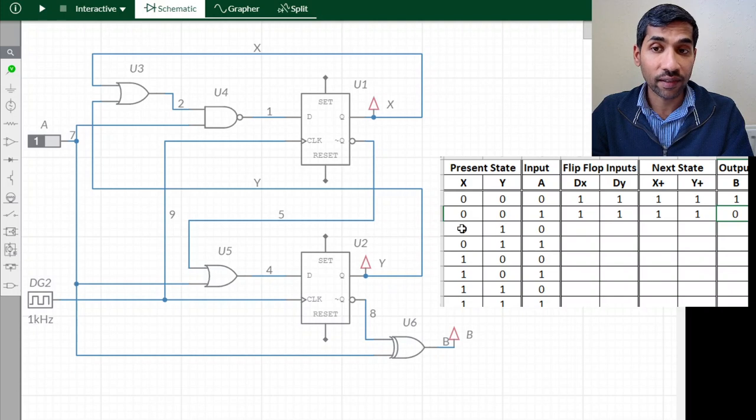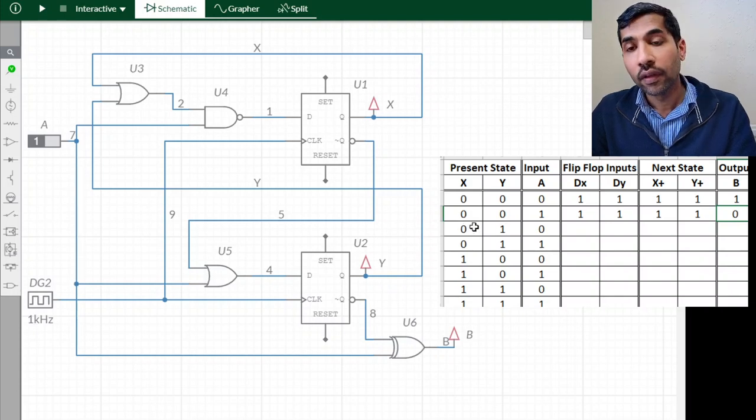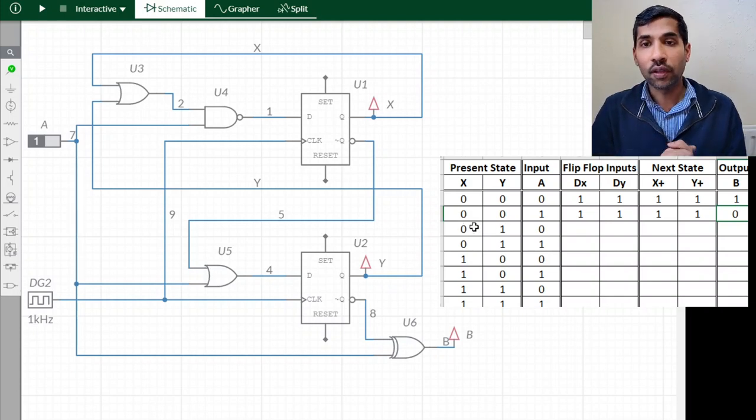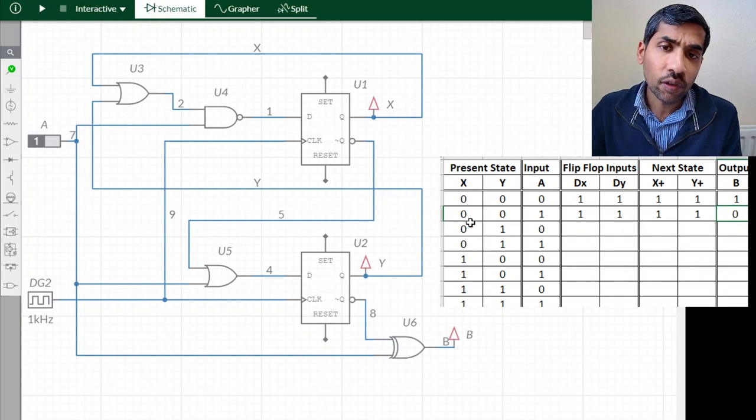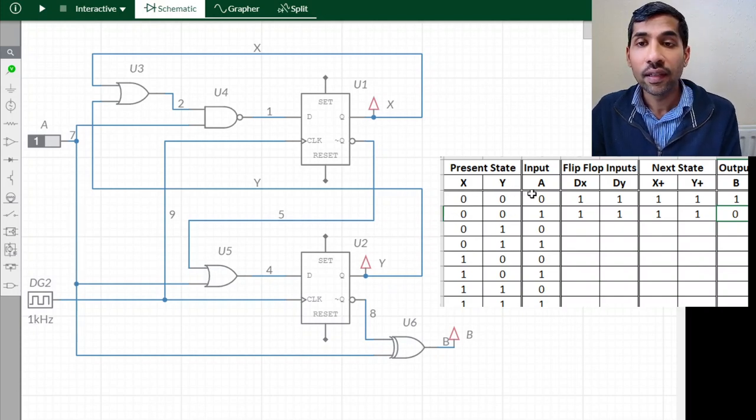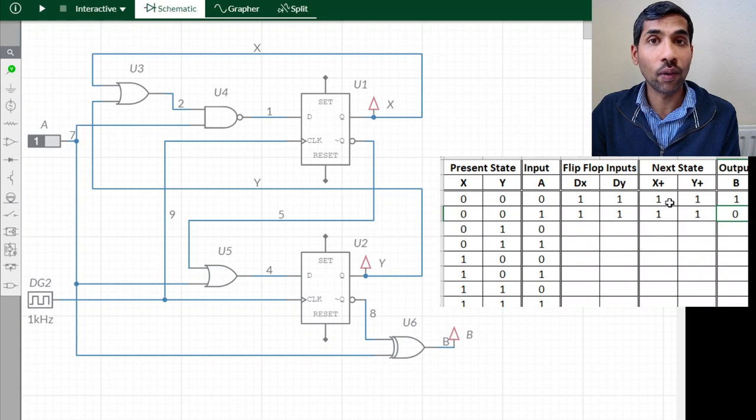Okay, and now similarly you can go to the next step, and you can say, well, now your state has changed, hasn't it? So let's think about this for a moment. What we are saying is that if you start with a state of 0 0, regardless of the input, your input can be 0 or it can be 1, you will go to a state called 1 1, and the output when you are at state 0 0 is going to be 1 or 0, depending on whether a is 0 or 1.